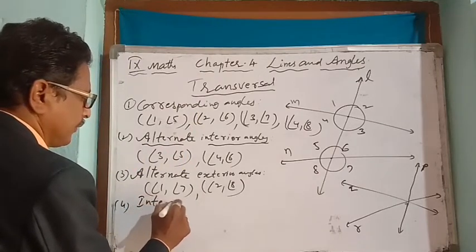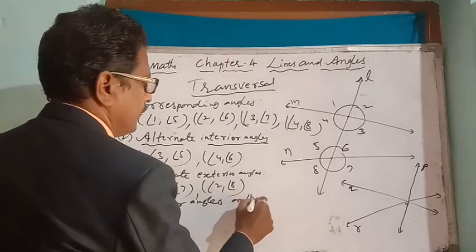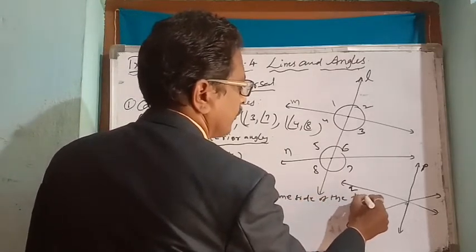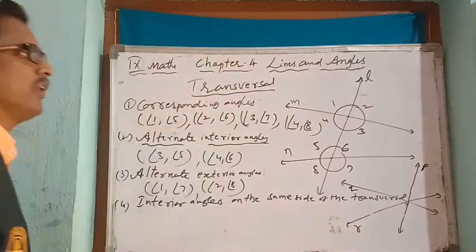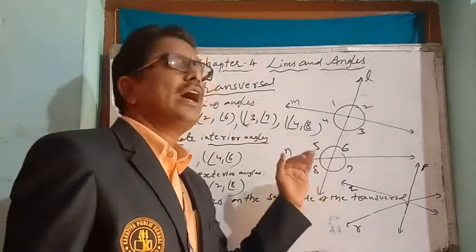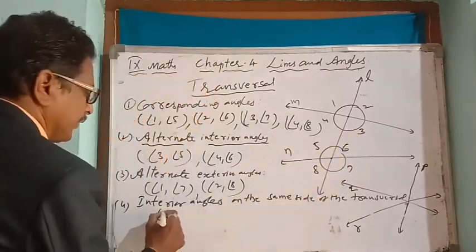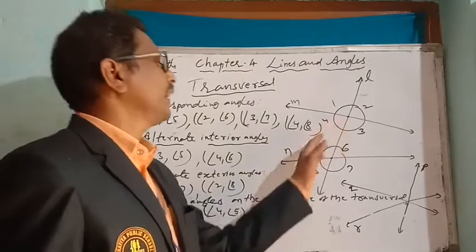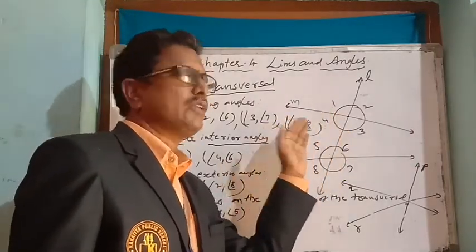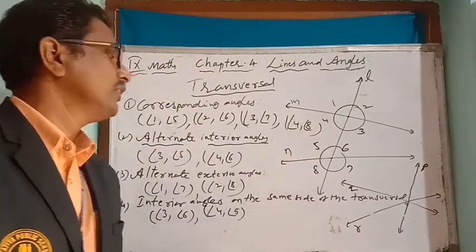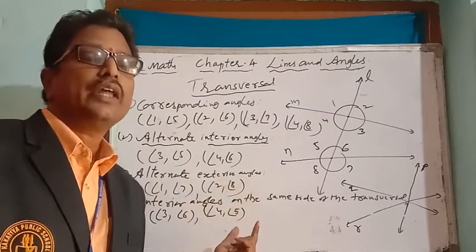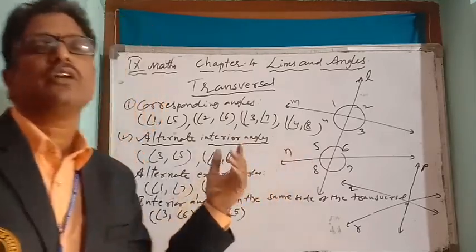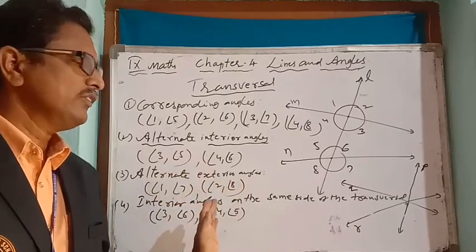What are they here? Angle 3 and angle 6, angle 4 and angle 5. These two angles are inside and on the same side of the transversal, so they are called interior angles on the same side of the transversal. These angles are also known as co-interior angles, consecutive interior angles or allied interior angles. There are different names.